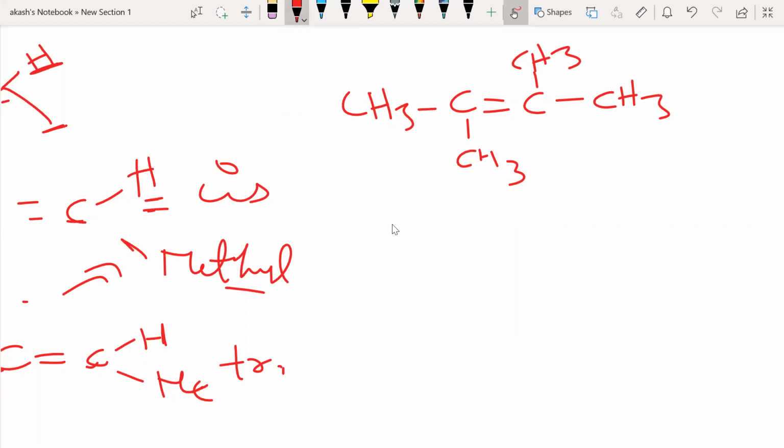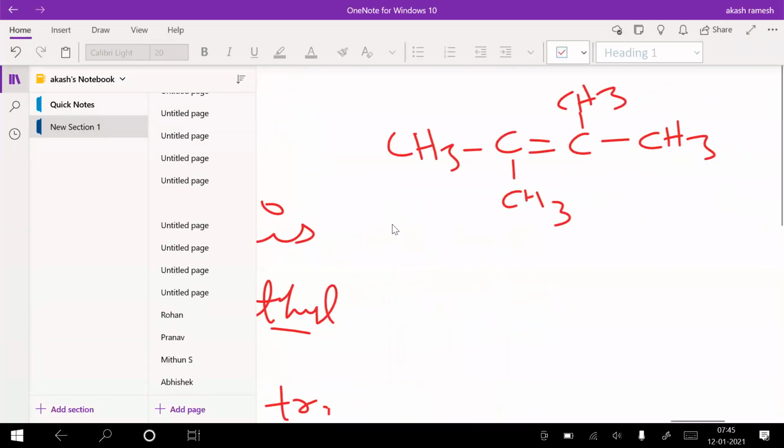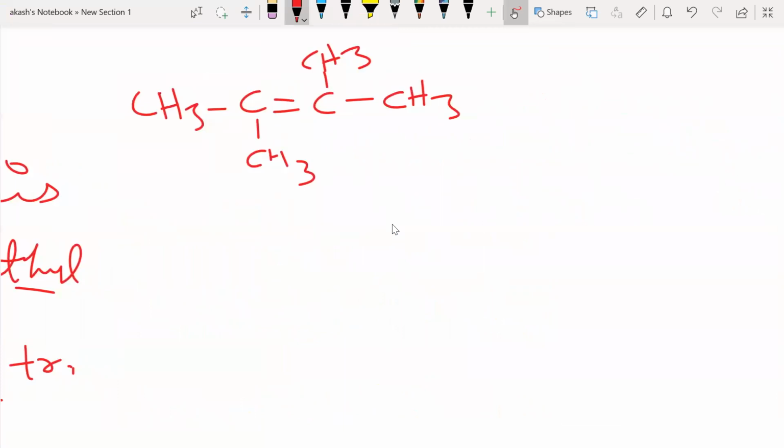Geometrical isomerism is possible or not for this. Wait, let me show you the structure. Okay, this is the structure. Tell me, is geometrical isomerism possible for this compound? No, sir, not possible.